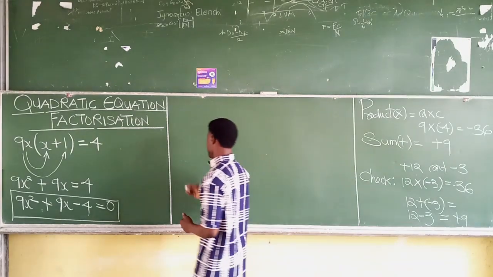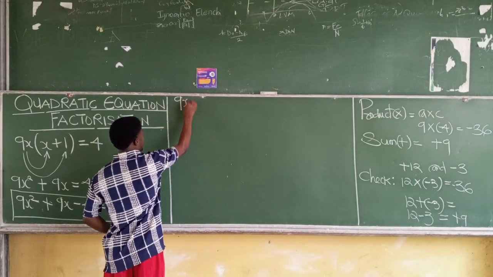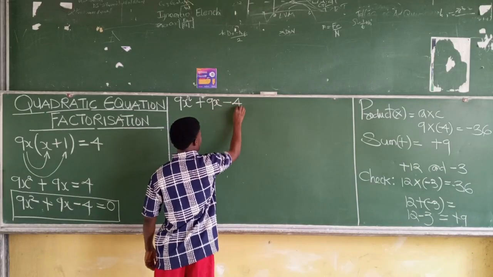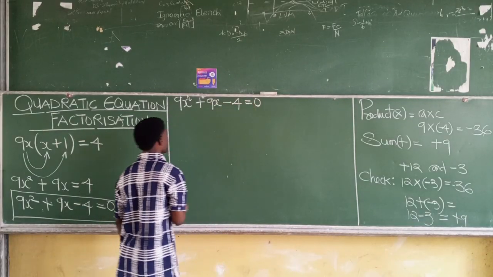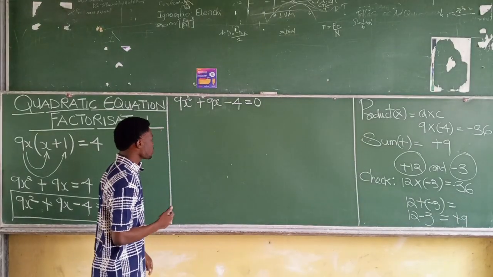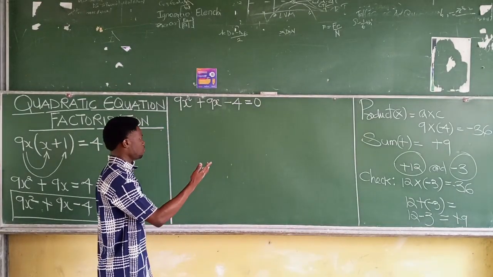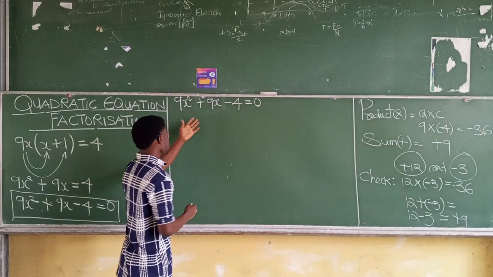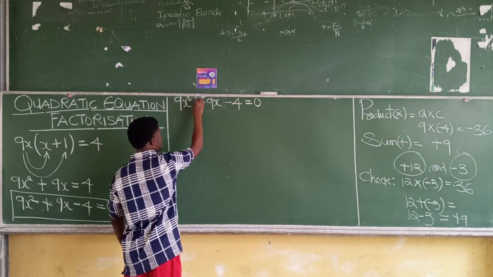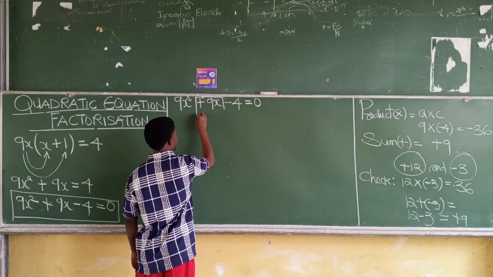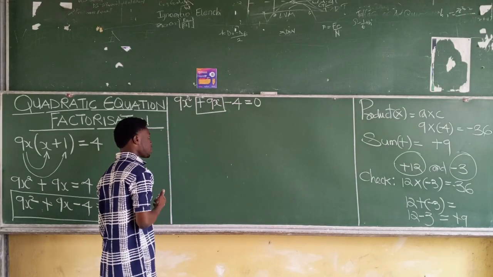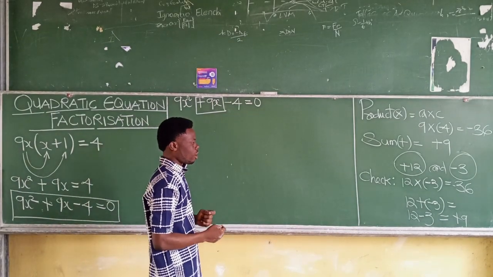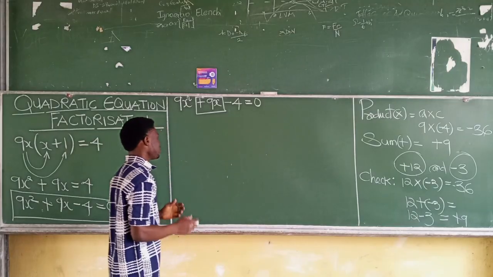Now the next step is to rewrite the original equation. The original equation is 9x² + 9x - 4 = 0. So the next step is to substitute the two numbers obtained, which are plus 12 and minus 3, into the middle term. So in place of plus 9x, we are replacing plus 9x with 12x minus 3x.